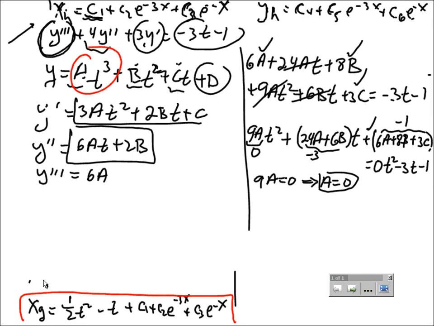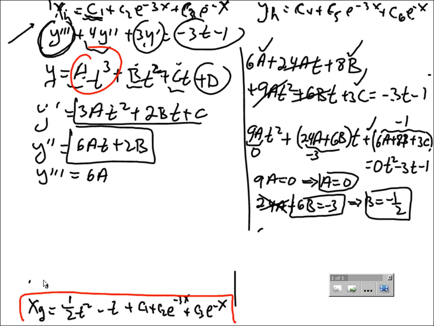Okay. 24a plus 6b is negative 3. But a is 0. So 6b is negative 3. This means b is negative a half. And 6a plus 8b plus 3c is negative 1. But that's 0. And 8b is negative 4.